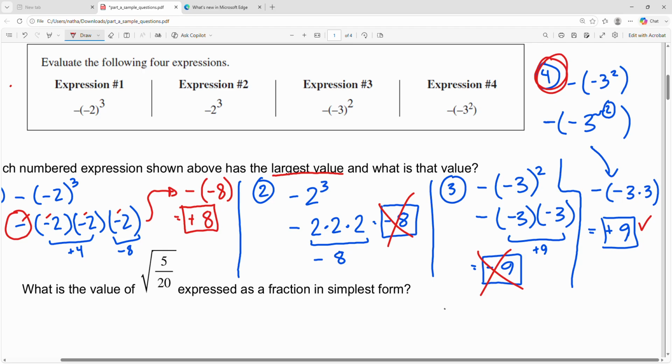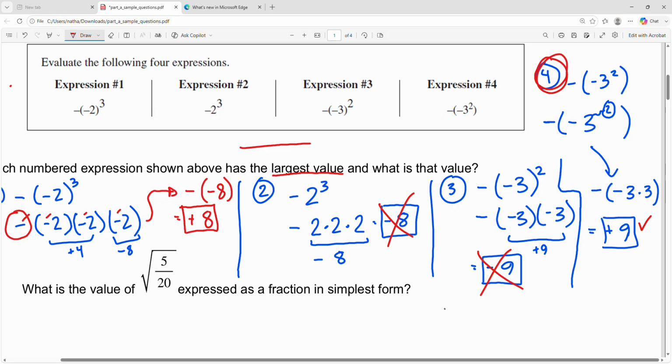So this would be a numeric response. All of part A is numeric response. So there's going to be a place here for you to put your answer in, and just read carefully how they're asking you to write your answer. On the PAT, you're not going to be allowed hints or help. However, if you're unsure of how they're asking you to enter the information, I think that would be an acceptable question to ask.